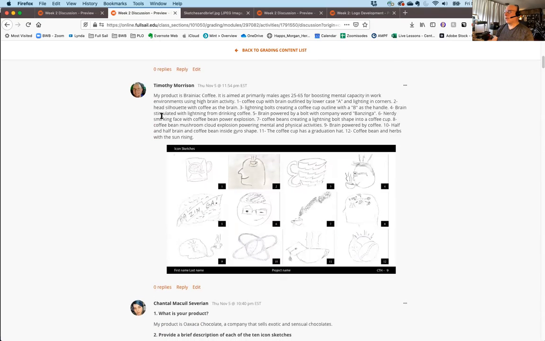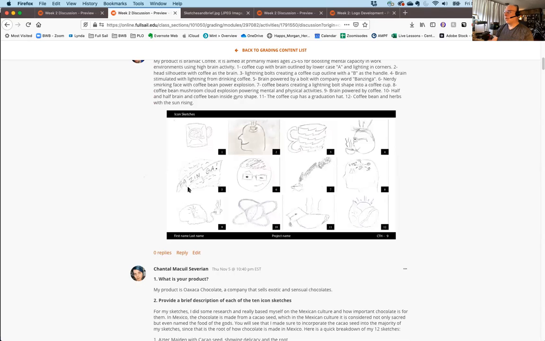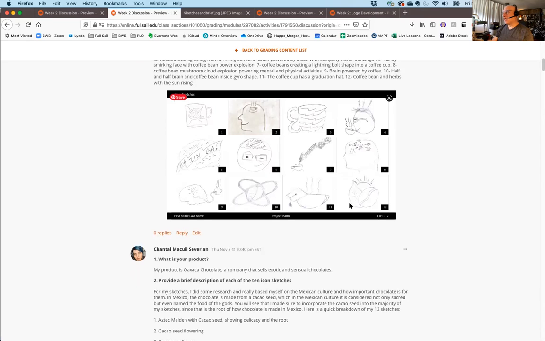All right, Timothy, Brainiac Coffee, Bazinga. I like this coffee cup with the electric bolts. I think that's an interesting visual. Number 2 is kind of a thoughtful visual. It needs real artistry to pull this off. The line work has to be great, and that could work.